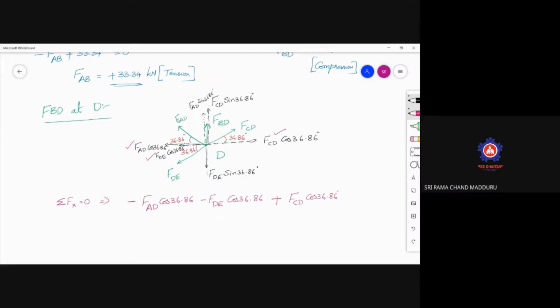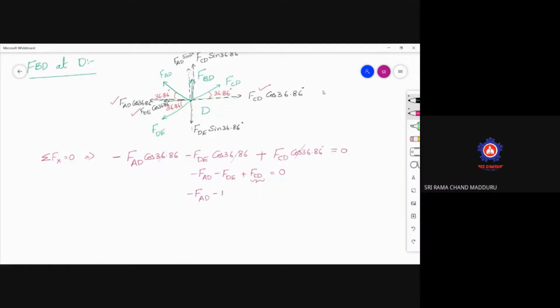Right side is considered positive, left side is considered negative, and we make it 0. This cos can be cancelled, and this is nothing but minus FAD minus FDE plus FCD is equal to 0.